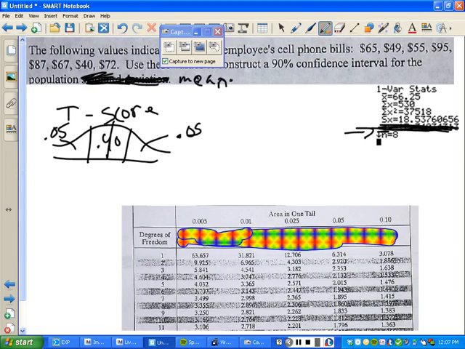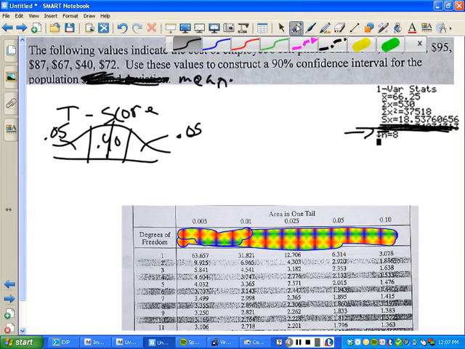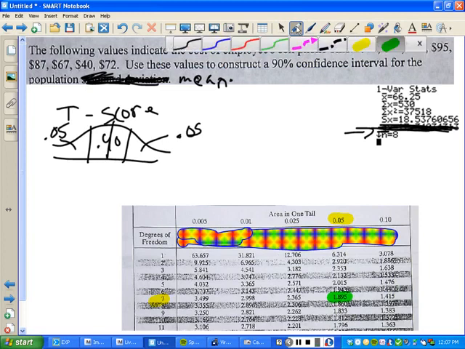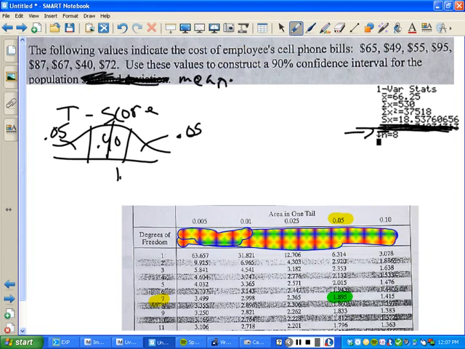So we're looking for 0.05 and 7. Does everybody see that? So the value we need is 1.895. So this is 1.895. This is negative 1.895. Does everybody see that?